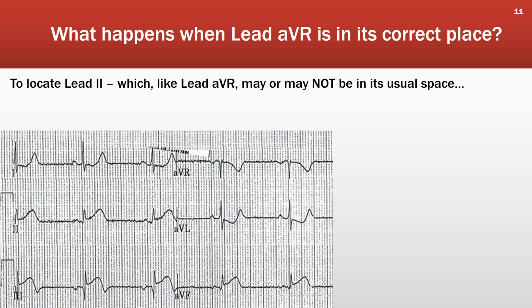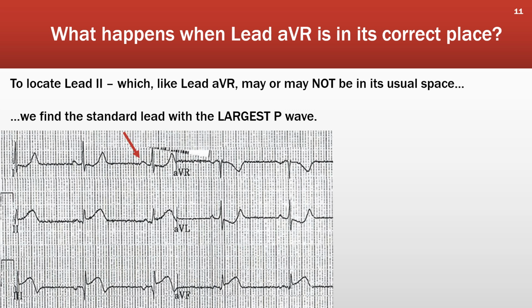Now, remember, we have to find lead 2, which, like lead AVR, may or may not be in its usual space. What we look for is the standard lead with the largest P wave. We're going to be looking in leads 1, 2, and 3, and we're looking for the lead that will have the largest P wave. Well, here it is, and it's actually in lead 1.